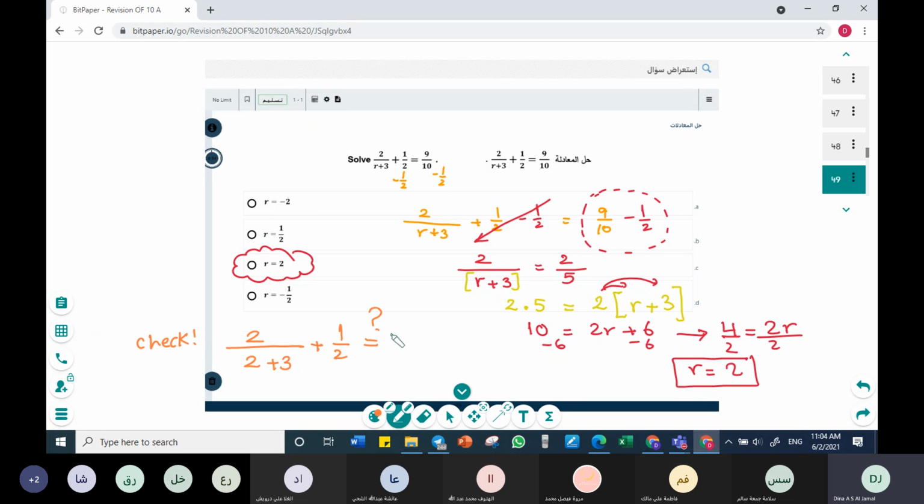Is it equal to 9 over 10? So, in our case, yes, it will be equal to each other. So pay attention. Here all of them are numbers, but what if one of the multiple choices was no solution? You need to check to make sure whether it is a solution or not.